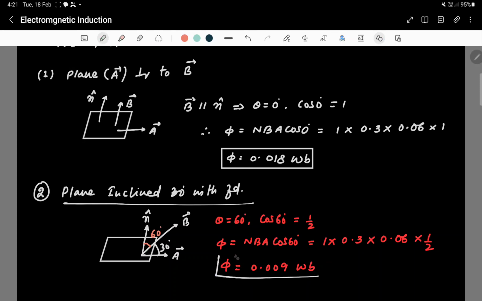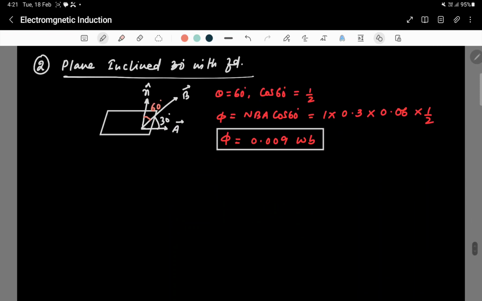Clear? Yes, sir. The last point is very important, and it is very easy, beta. The third point is that the plane is parallel to the field. What are they saying? Plane means area vector parallel to the magnetic field.